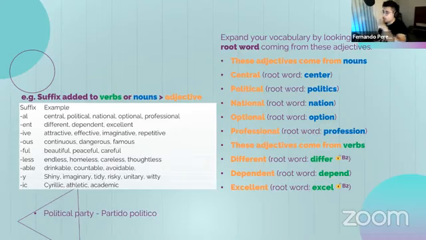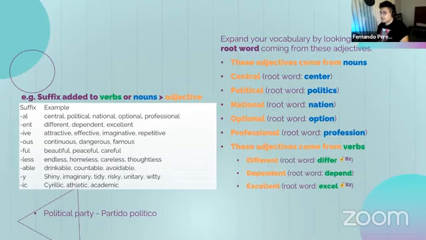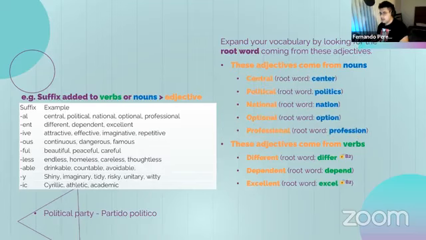For example, attractive comes from the verb attract.